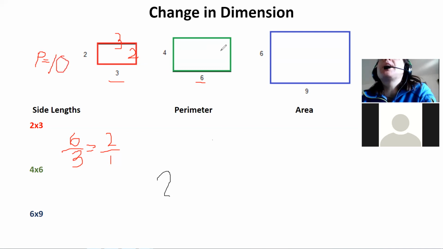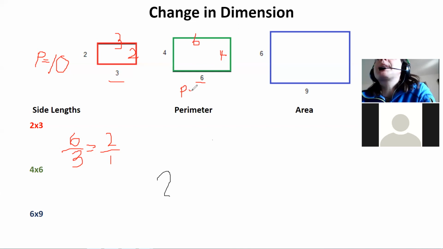What would this perimeter be? So we would have 6 plus 6 plus 4 plus 4. Yeah, that's 20. Oh, I don't want to write the 20 in there, because that would tell me area. So I can do the same thing.